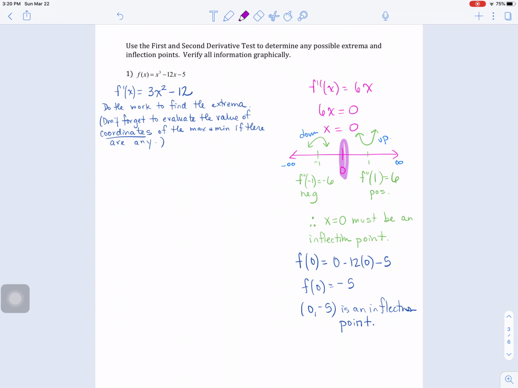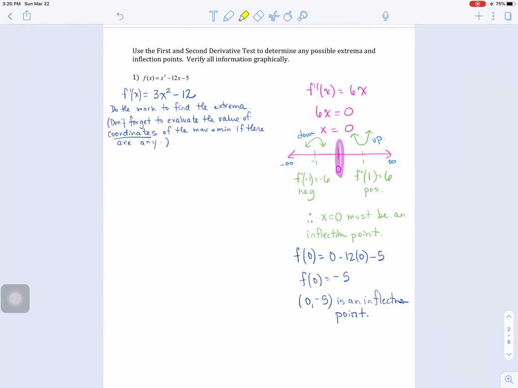Now, one of the things this lesson says to do is to verify your information graphically. I know that if I put this into GeoGebra, I can easily see the function's intervals, where the maximums are, and where the inflection points are. That's true, well, if you know how to do it. But I want you to use it as a tool to verify.